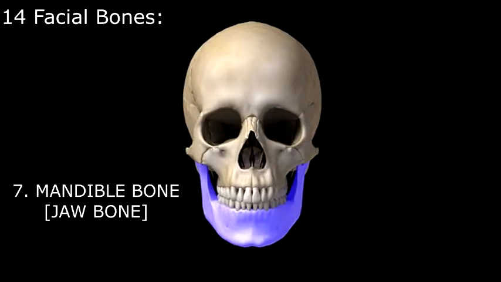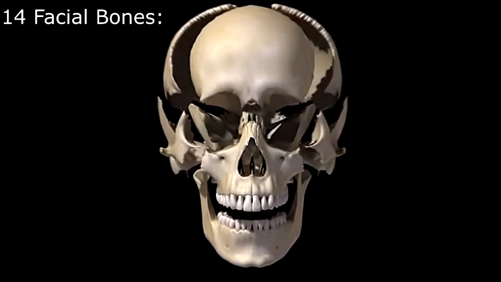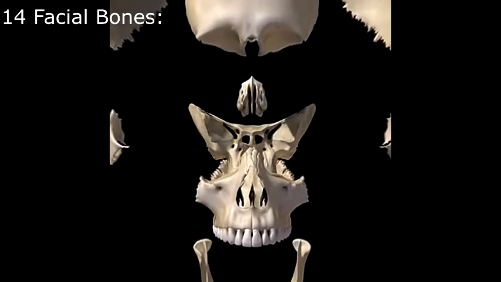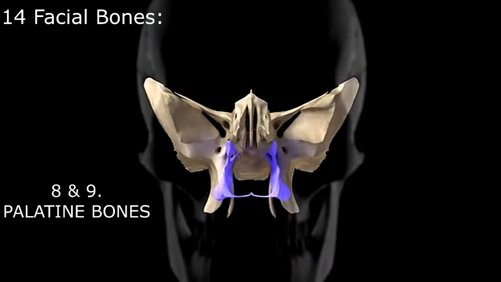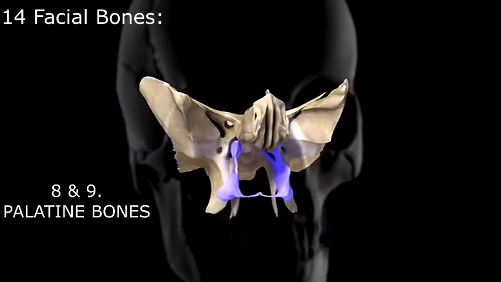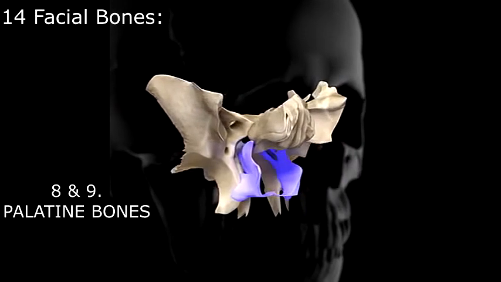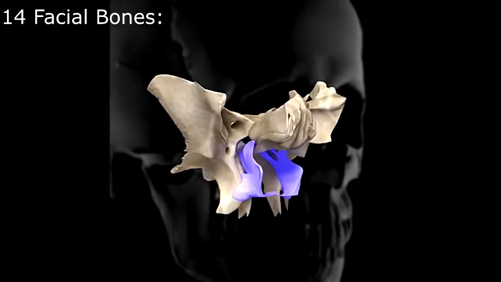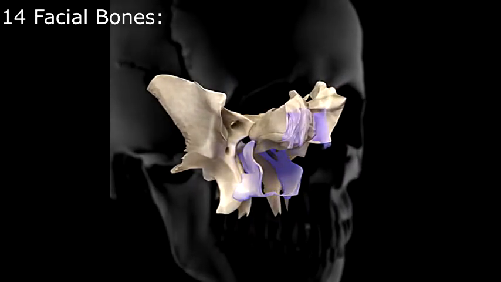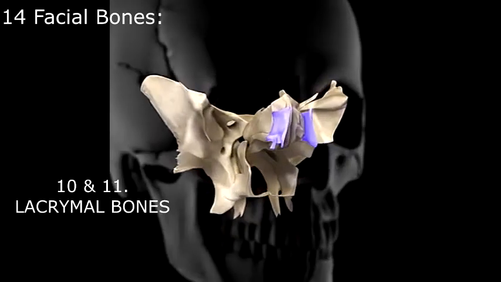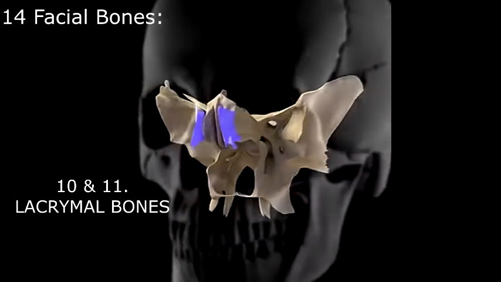To further see the facial bones, we will have to open the skull and see inside. These are the two L-shaped palatine bones. And these are the small, thin lacrimal bones.